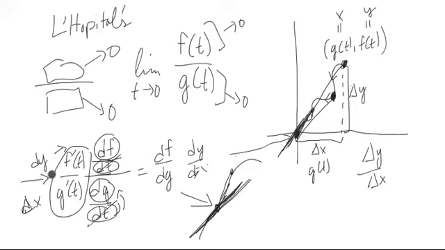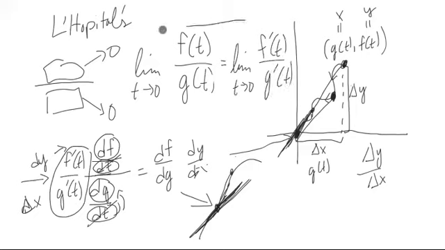And this in and of itself, if we can compute it, should be this limit. Now, if we can't, this ratio will still be the right one, and we just need to take a limit of it. And if that limit exists, that limit will be equal to this limit. So L'Hopital's rule is the following idea: if we take the limit of a fraction, we can change this to the limit of the fraction of derivatives.